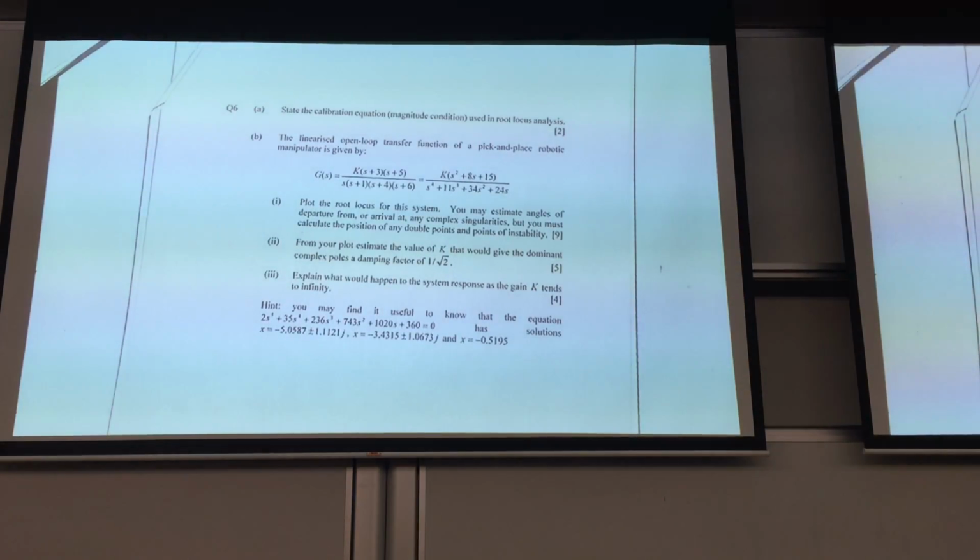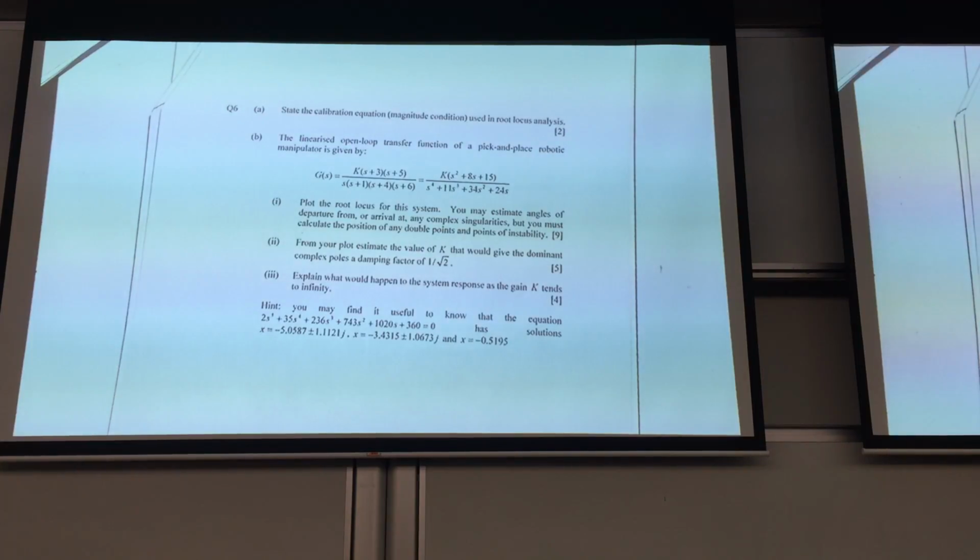Measure 45 degrees, intersect. From there, you find out what is a complex pole. From there, what condition are you using? Calibration equation. You need to make use of your calibration equation to find out your K value.